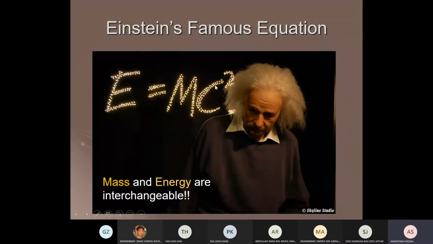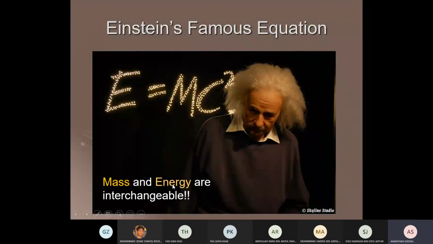Okay, what is the meaning of this formula? When do you use this formula? This formula tells us that mass and energy are interchangeable. He's the first scientist to say that mass and energy are two different forms of the same substance. So energy can transfer to mass, and mass can transfer to energy.